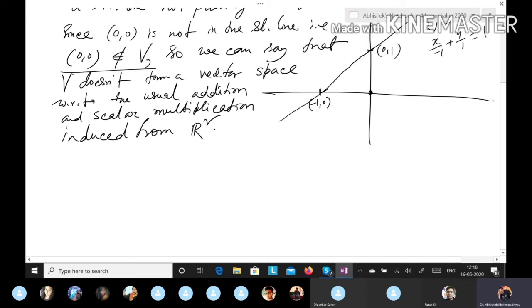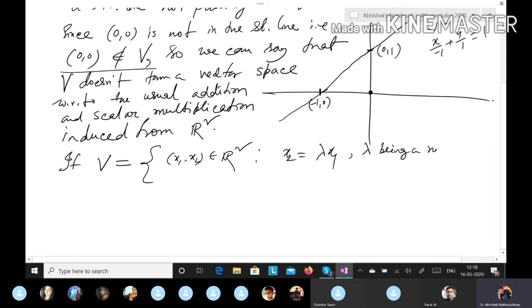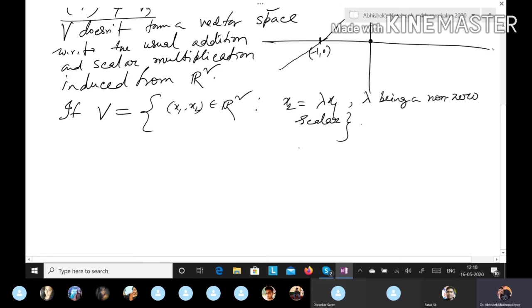But if we consider this set, suppose such that x2 is lambda x1, where lambda is a non-zero scalar, it is again a subset of R2, and not only that, it is again a straight line.